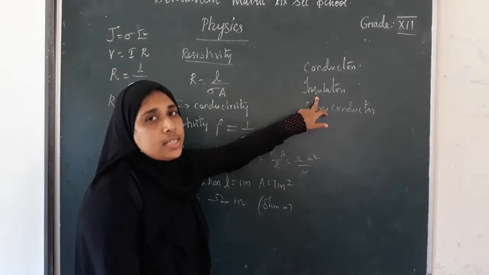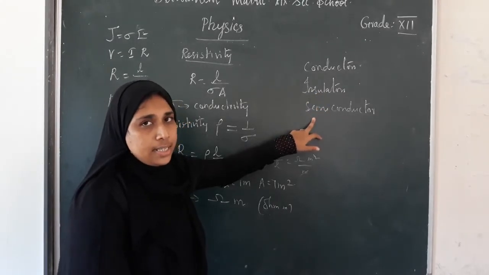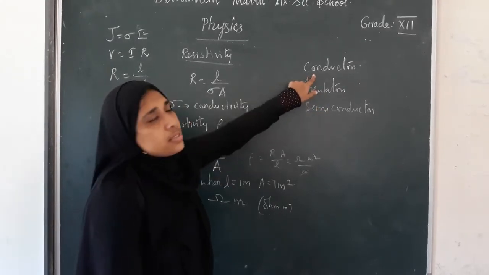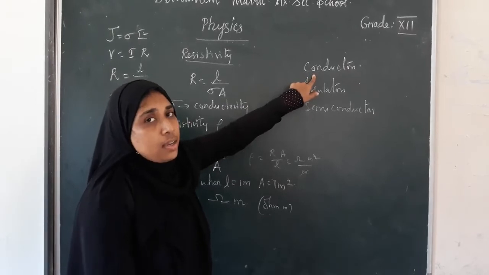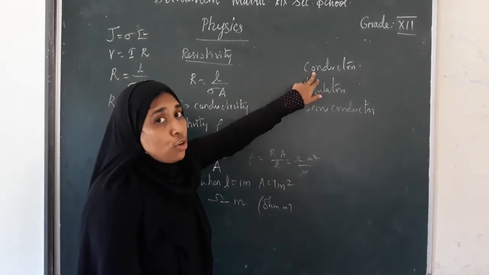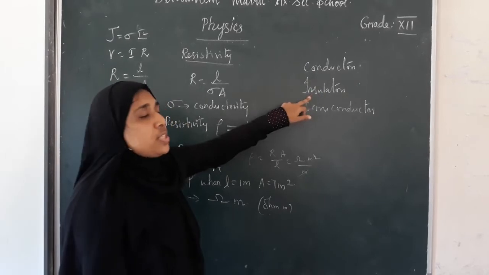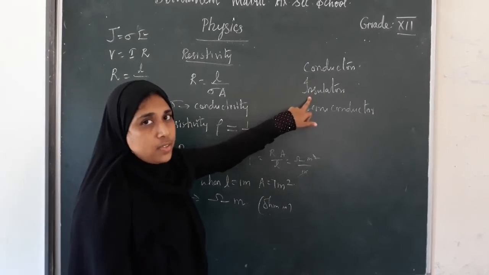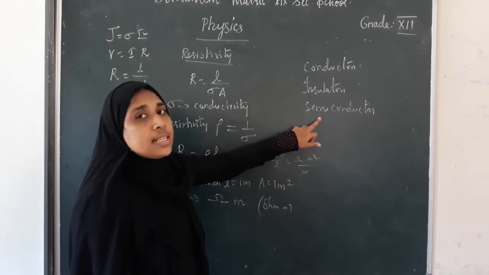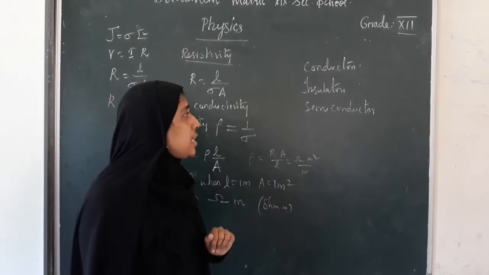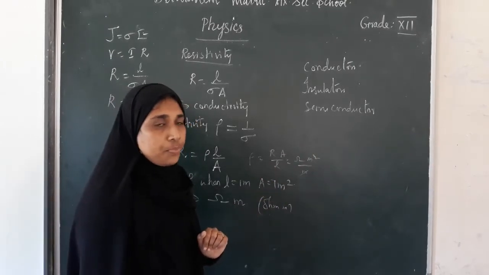Conductors have low resistivity, insulators have high resistivity, semiconductors have resistivity in between conductors and insulators.